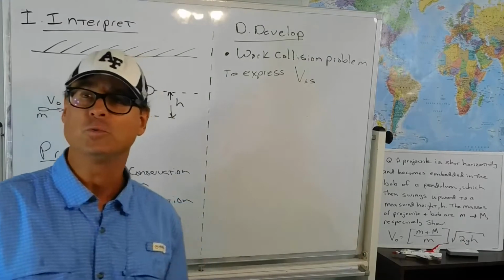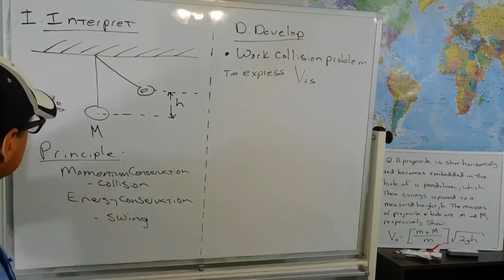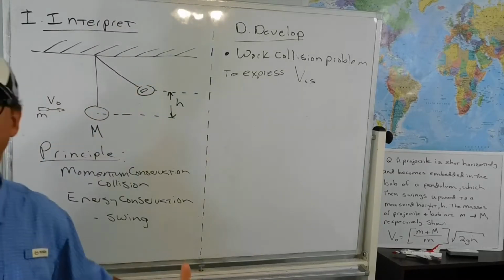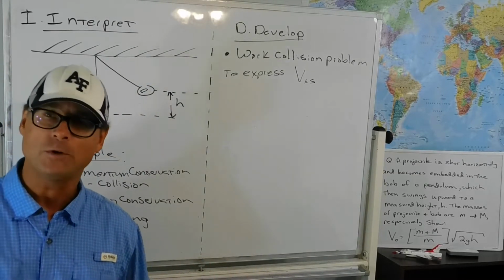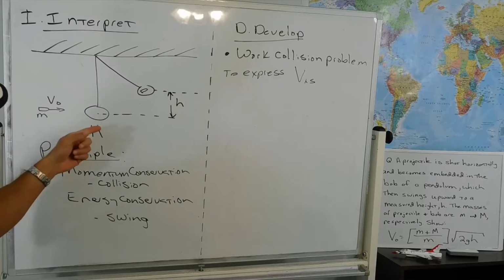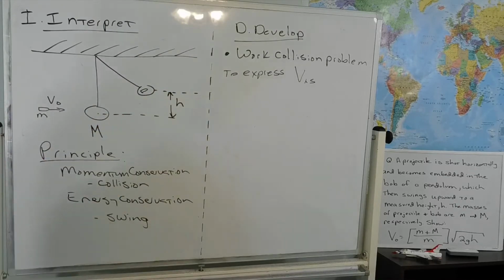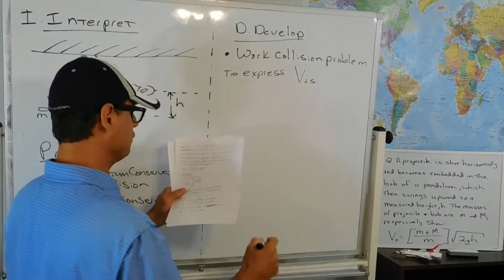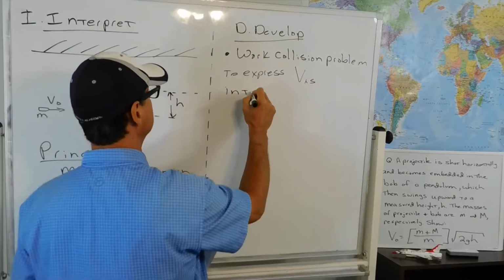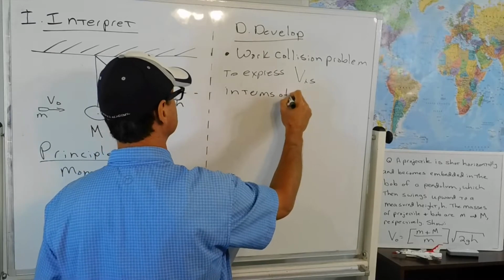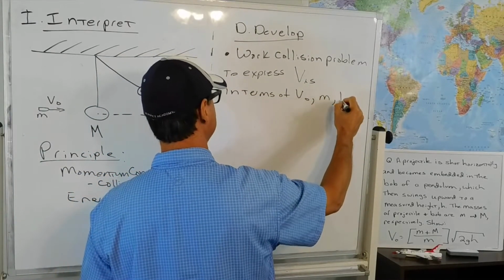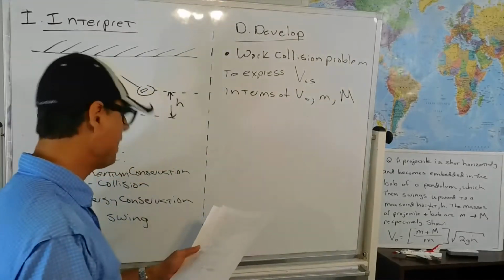V initial for the swing is after the projectile embeds in the bob and starts to swing upward, but before it's really gotten very far, when it's still really at that initial height of 0. We're going to try and express this V initial for the swing in terms of V0, the mass of the projectile, and the mass of the bob.